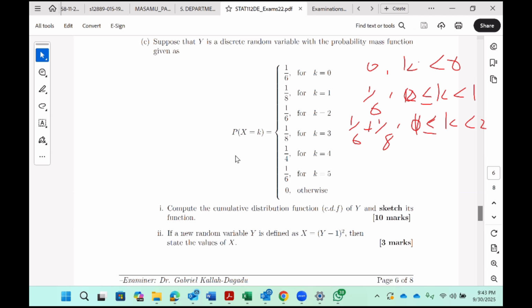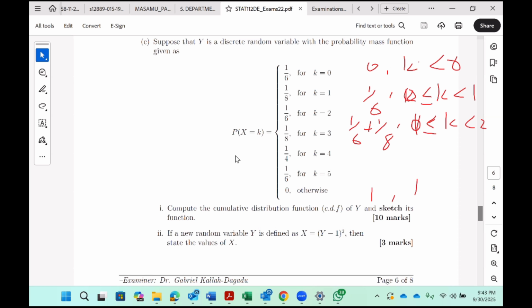Then we add this to the next one, until you get to the last one. The last one will be 1 for k greater or equal to 5. So we have to add all of that.